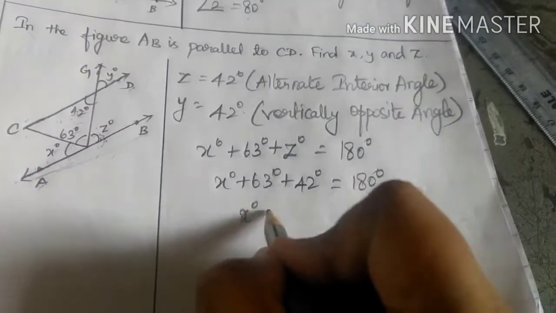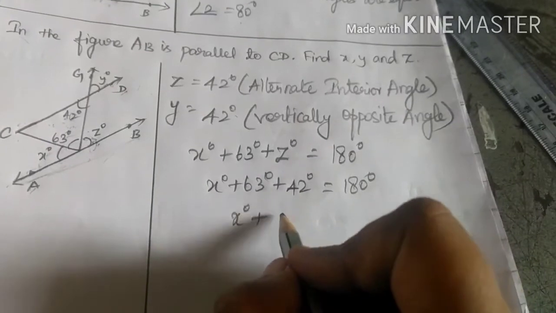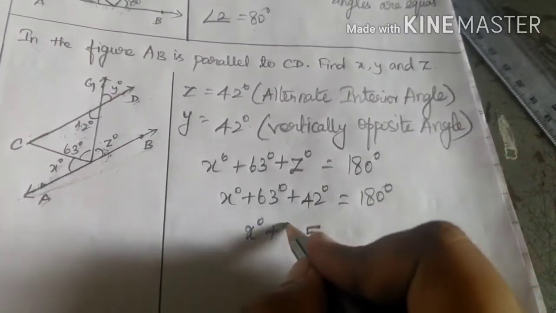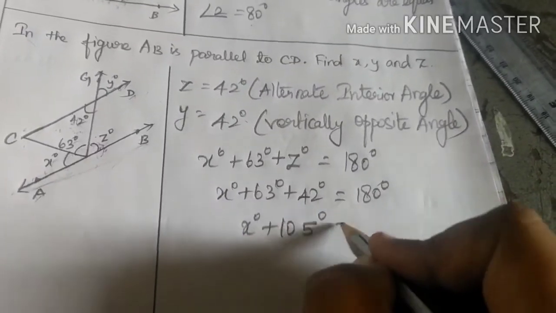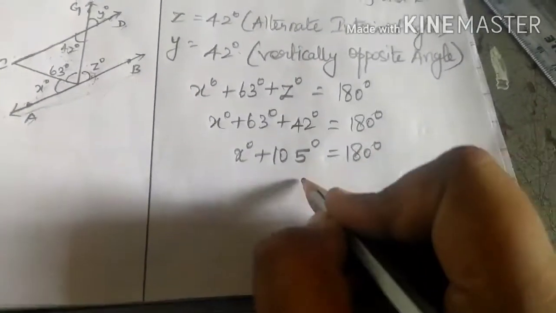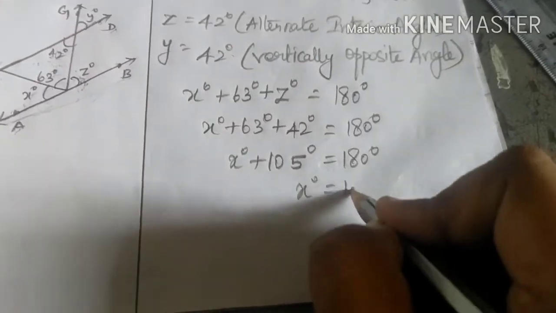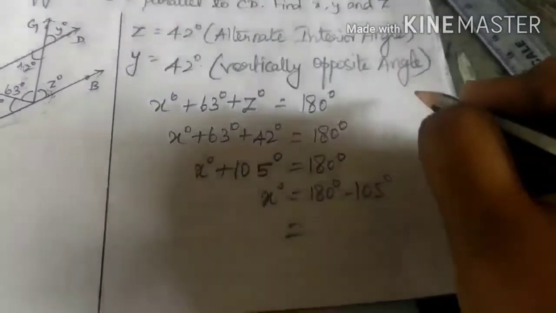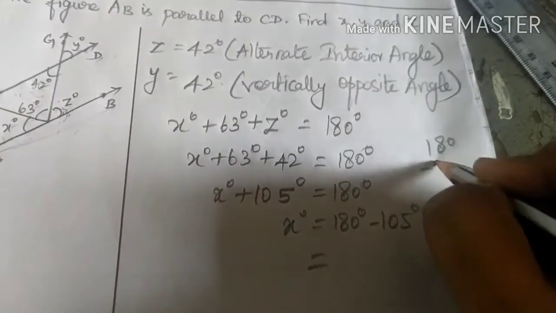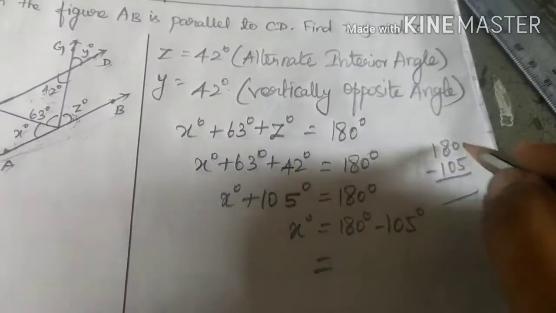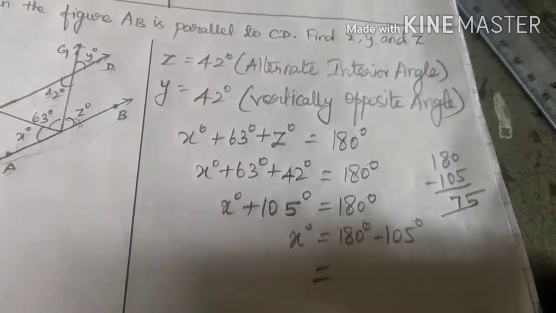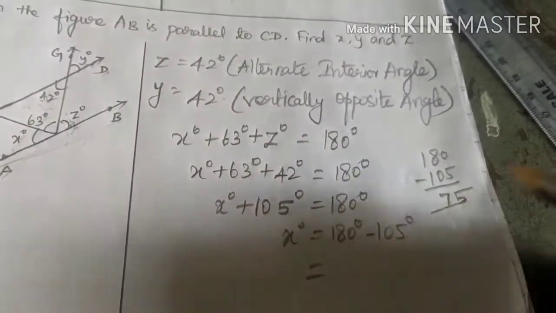Okay, x degree equal to, add the 63 plus 42, 3 plus 2 is 5, 6 plus 4 is 10. So 105 degree equal to 180 degree. So x degree equal to 180 degree minus 105 degree. What we will get? 180 minus 105. 10 minus 5 is 5 plus 7. 7 minus 0 is 7.